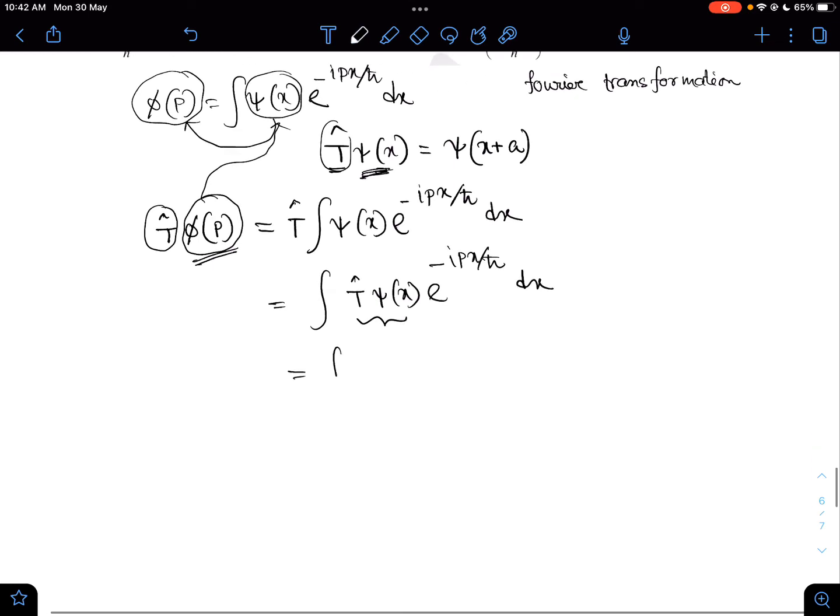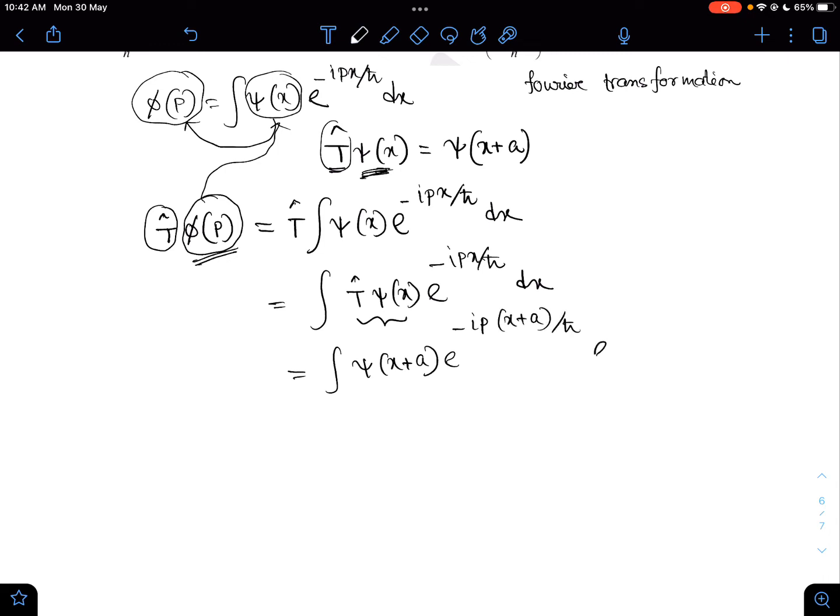T psi x will be psi x plus a, and here we can write x plus a by h cut and e to the power ipa by h cut. Since here we are getting x plus a, we are deliberately making it x plus a, and we are subtracting that term.